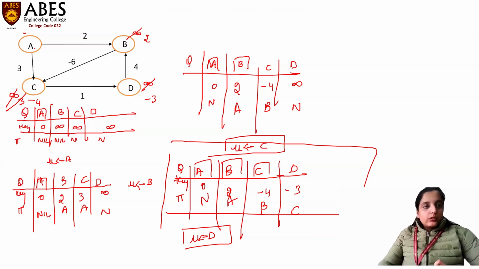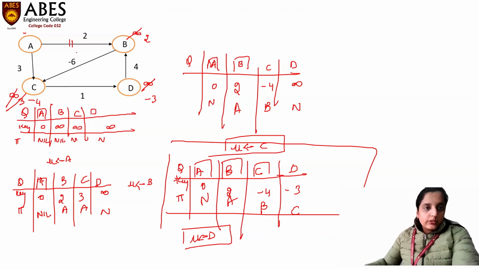If I follow the arrows, I will get that from A, I can go to B. So 0 plus 2 is 2. 2 is less than infinity, it's okay. Then from B, I can go to C. The first arrow is this, the second arrow is going in this direction.